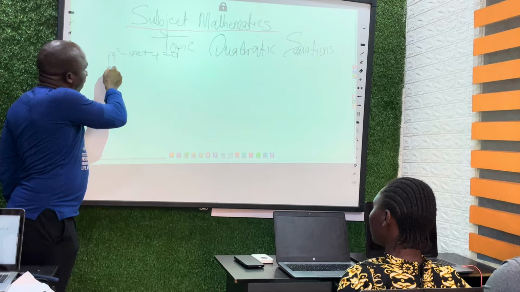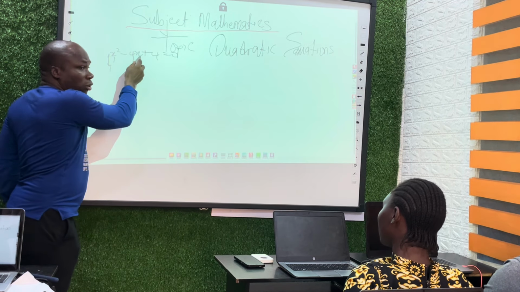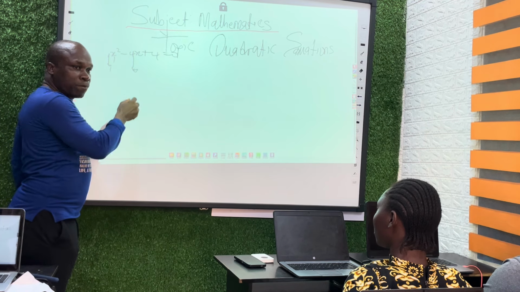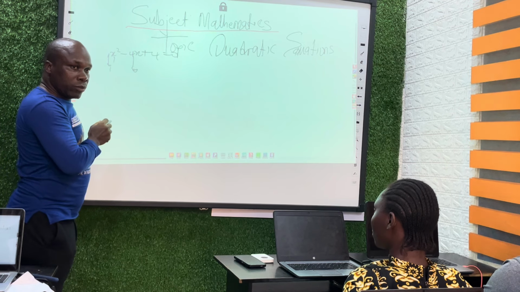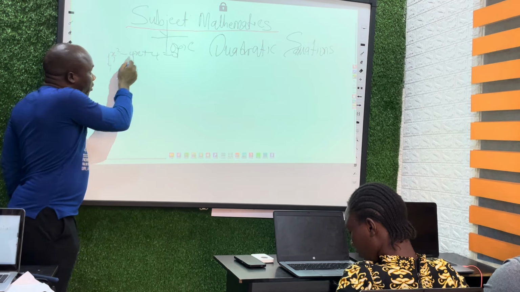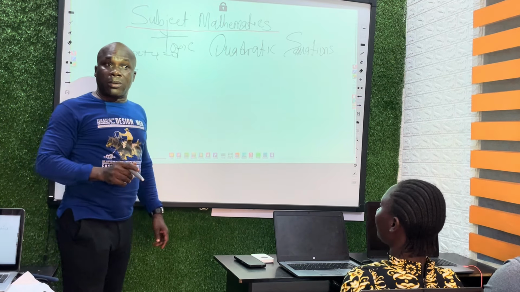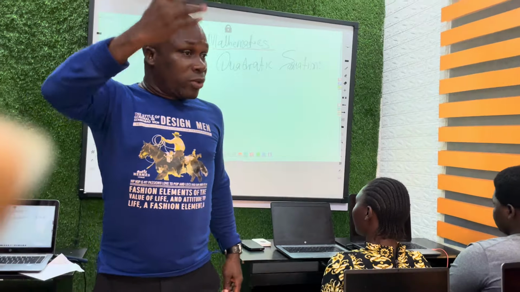Here the coefficient is 1. Minus 4 is the coefficient of x. The coefficient of x squared is 1, and the coefficient of x is minus 4. So I've defined what a coefficient is. Would you be able to understand that? If someone elsewhere asks you, would you be able to answer that?